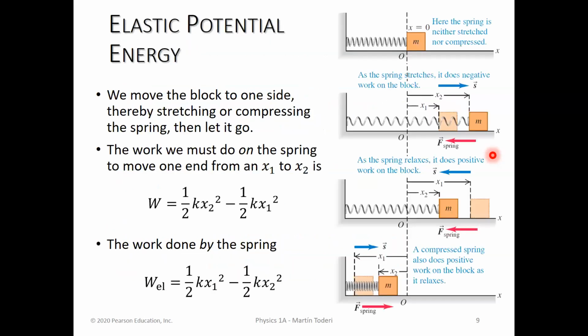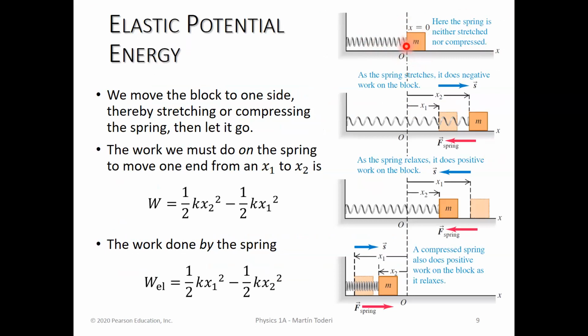So let's go to some graph here, and we can get this idea into place. Let's think about a spring. We have a block attached to the end of that spring, so it's neither stretched nor compressed.